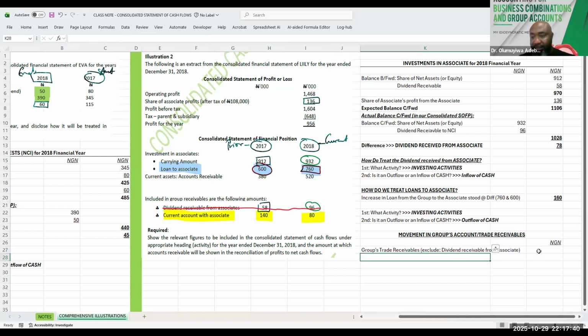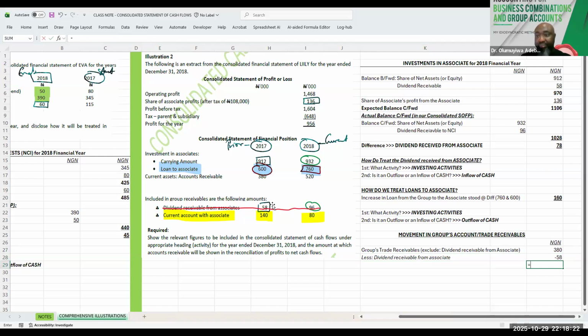And what that simply means is this balance, which is for the beginning of the year, is 380. I should remove dividend receivable from associates, and that is how much? That's 58 at the beginning of the year.